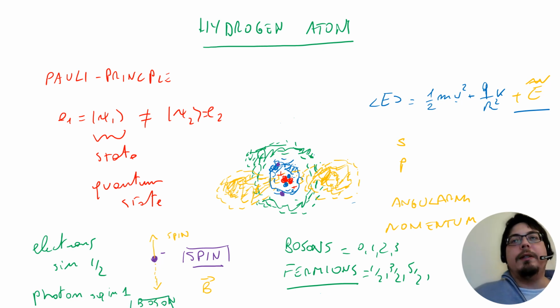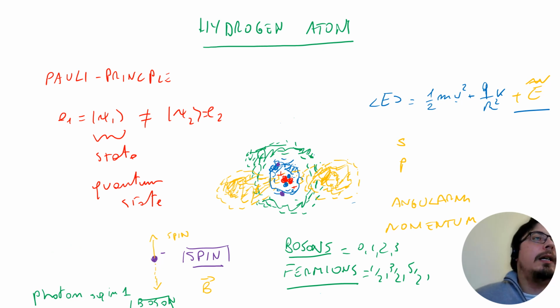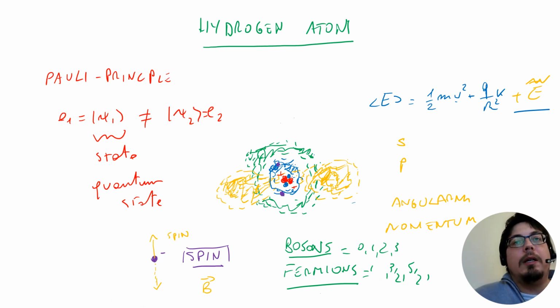There are lots of differences between bosons and fermions. One main difference is that fermions do not like to stay with each other, and this is in fact at the heart of the Pauli exclusion principle: fermions do not like to be in the same place.